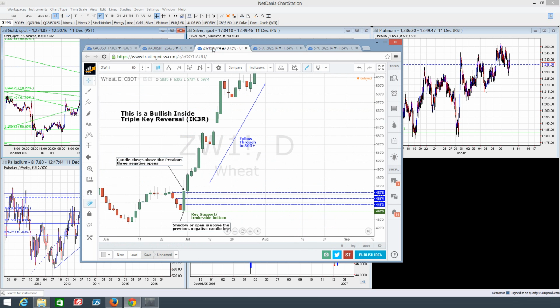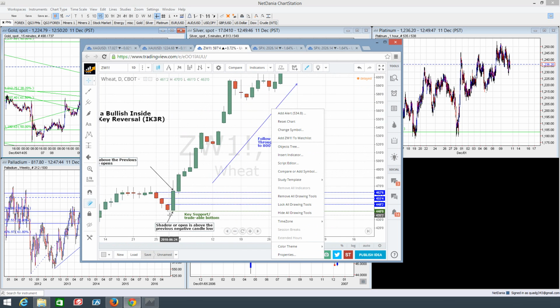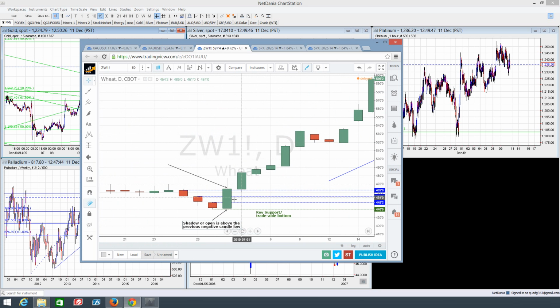And let's move on to inside key reversals. This one is of wheat, and you can see here, as you zoom in, that this particular day opened up.